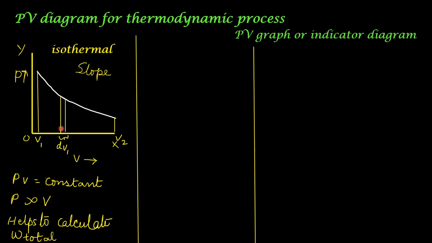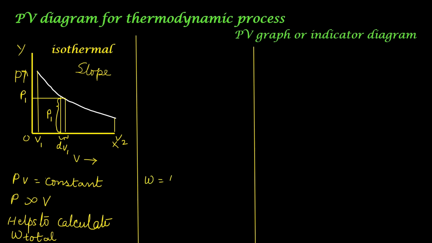For this small difference in volume, it has one initial value and one final value. What will be the pressure reading? The pressure can be considered as approximately the same. We will mark it as P1. So this line represents P1 and this distance is dV1. This segment has the shape of a narrow rectangle with sides P1 and dV1.